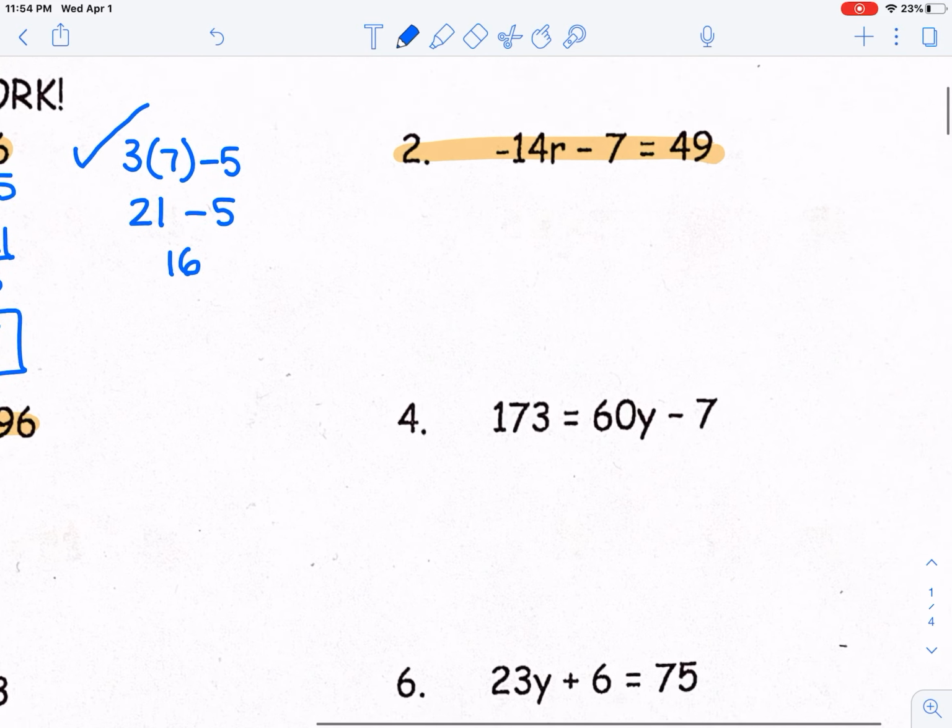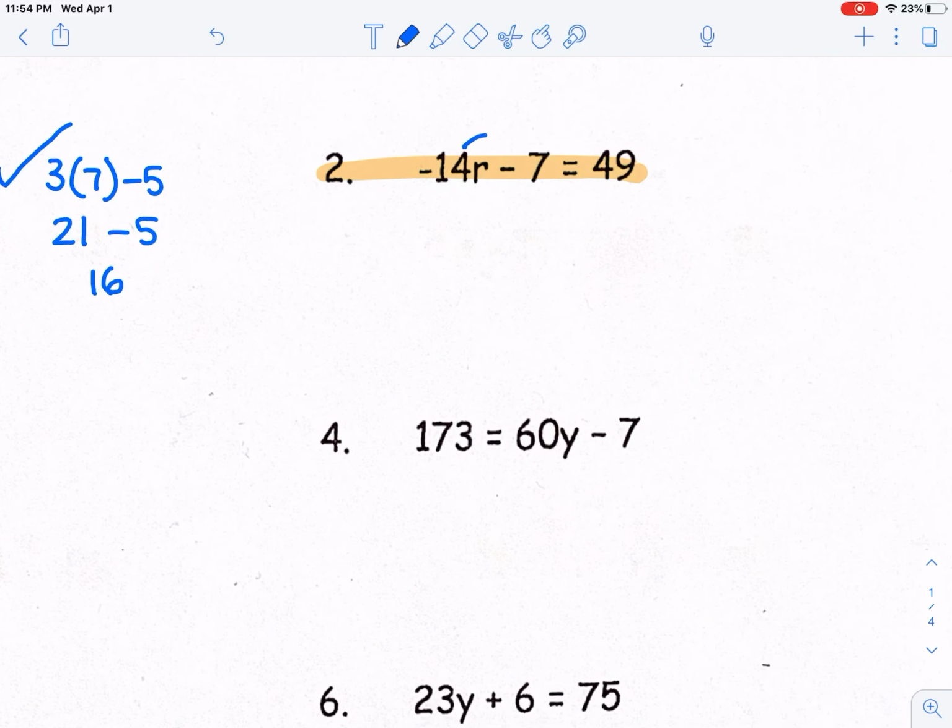All right, moving over here to number 2. We have our negative 14r as our variable term. So again, to get that by itself, we're going to undo subtracting 7. So we're going to add 7, and we're left with negative 14r is equal to 56.